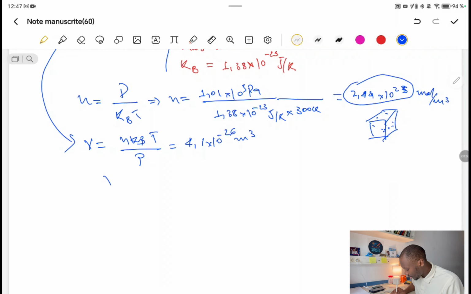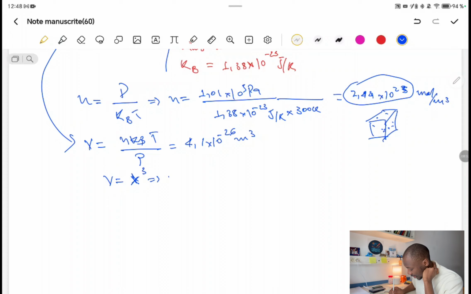Again, we know that volume is a multiplication of three parameters: the length, the depth, and the height of a certain recipient. From this we have something, call it x to the power of 3.